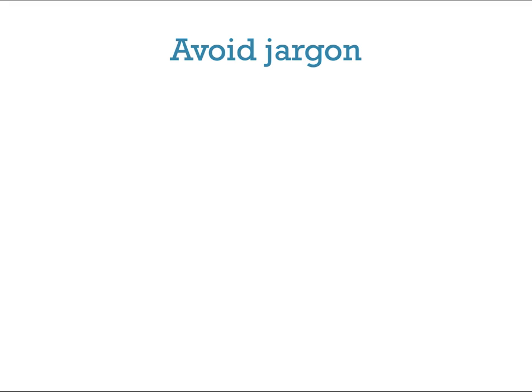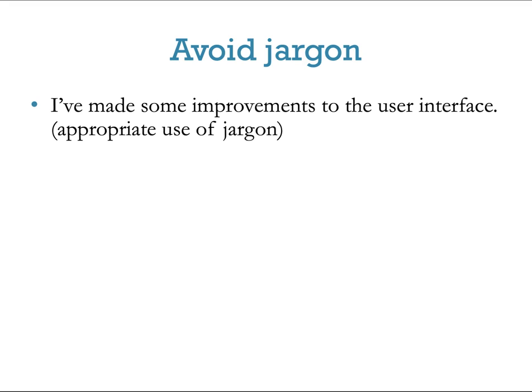So there's a big long list in the textbook of commonly used jargon. It's kind of like a list for the use of simple language. Always ask yourself, what's the simplest, clearest word that I can use in this situation? Use that. Try to avoid jargon again. So, I've made some improvements to the user interface.